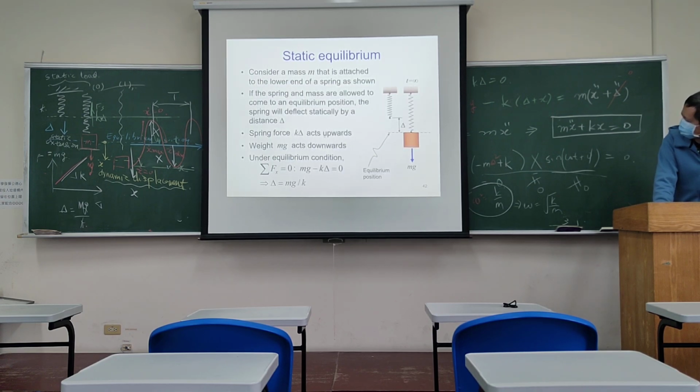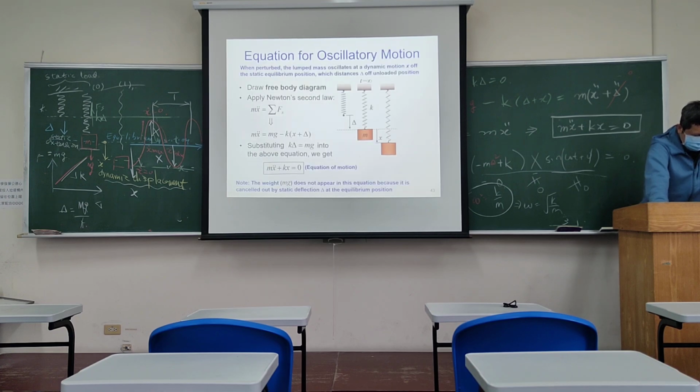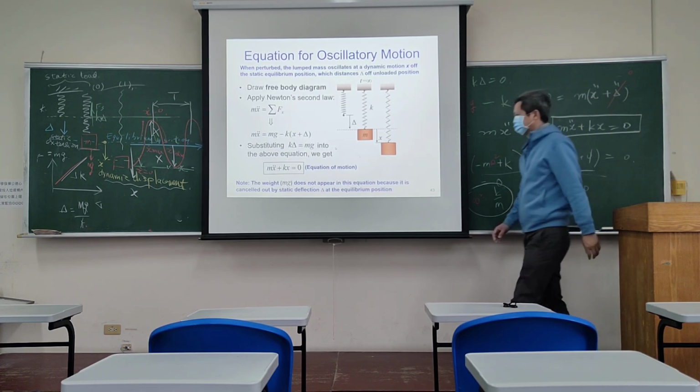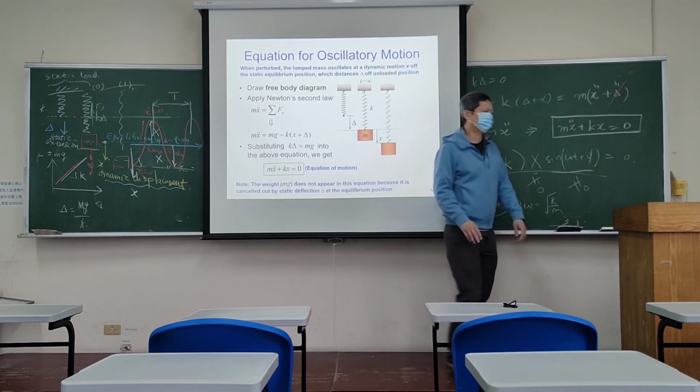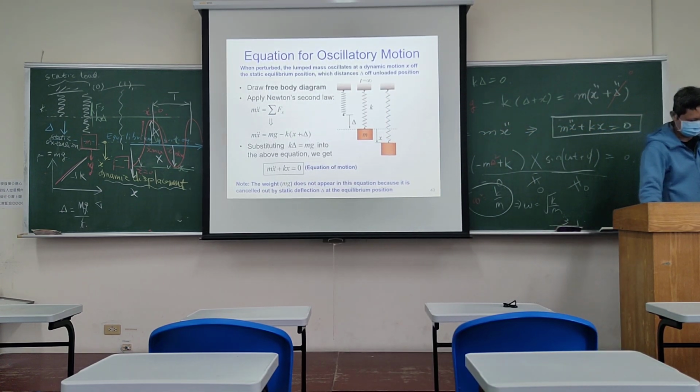It's the balance between the applied force and the spring force. The spring force points opposite to the applied extension. Next, in the dynamic case, you have the extra dynamic displacement on top of the static displacement. Even though it is analyzed that way, in the end the solution can be simplified purely in terms of the dynamic displacement.